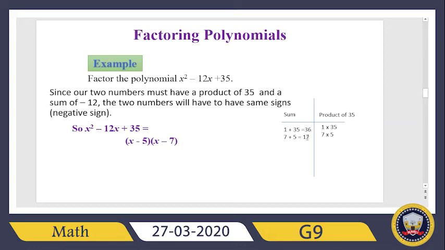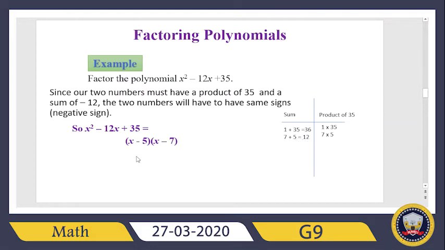Then I go back to my problem and check the second term, which has the value 12. I go to the sum column and check which two numbers add up to 12: 7 and 5.